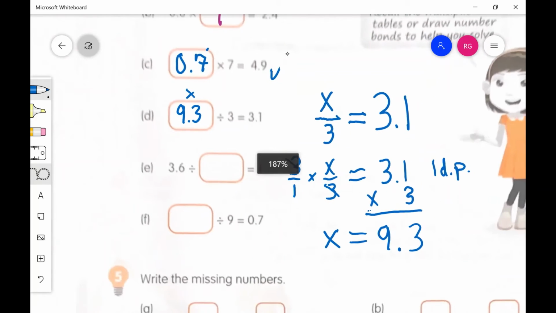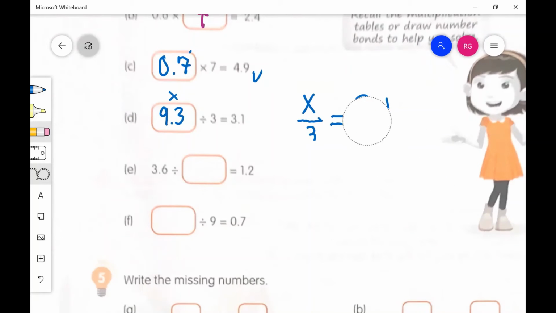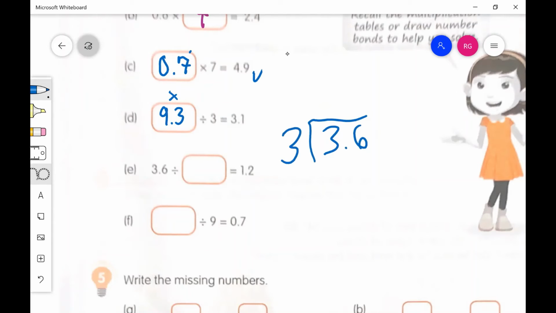Here we have the unknown variable is the second number here. It says 3.6 divided by blank equals 1.2. You think it's 3? Well, we could check. 3.6 divided by 3 is 1 point what?